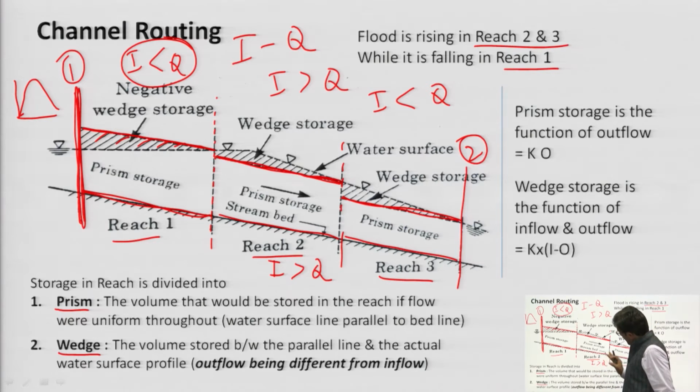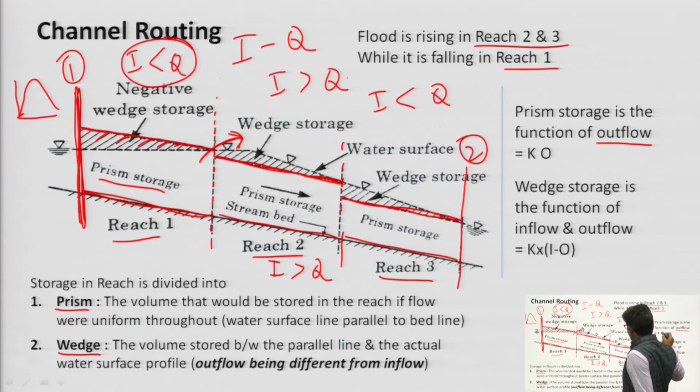The next thing is that prism storage is dependent upon outflow only, meaning it is a function of outflow, the discharge.